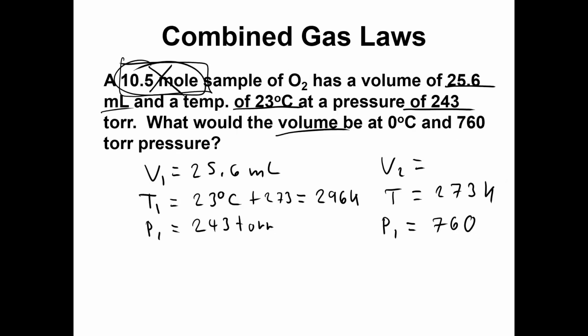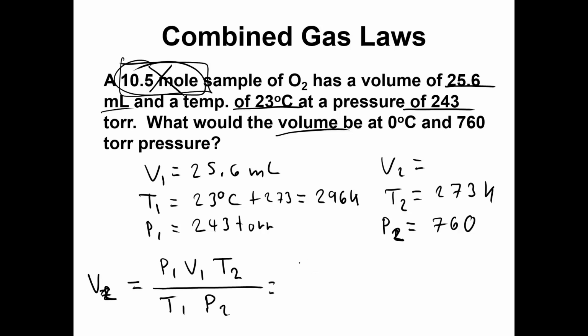And when you write all that out, you get V2. This is 2, 2 and 2. This is of course also 2. Sorry about that. So we're going to do V2. V2 equals P1 V1 times T2 divided by T1 times P2.